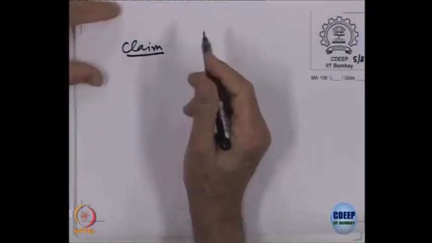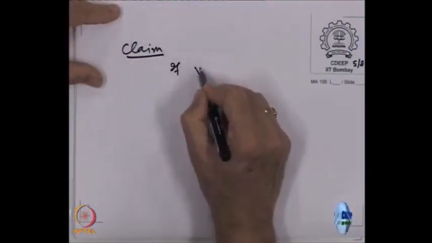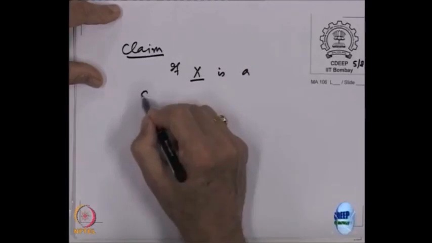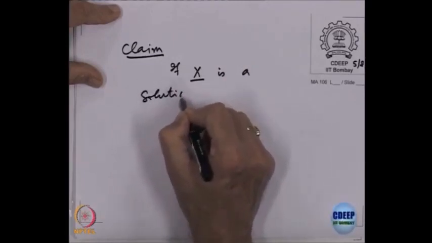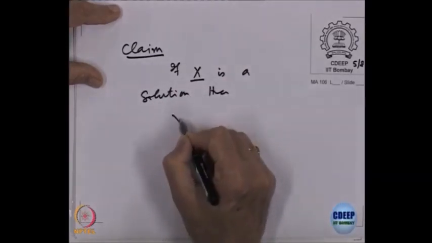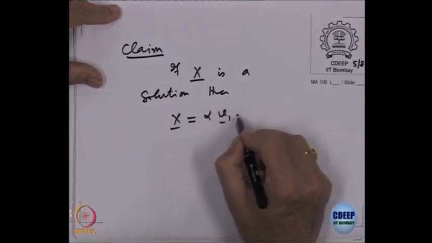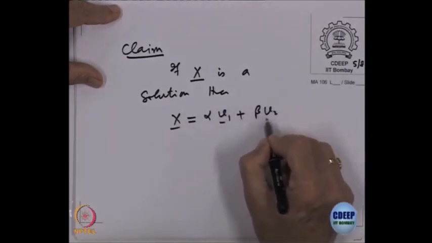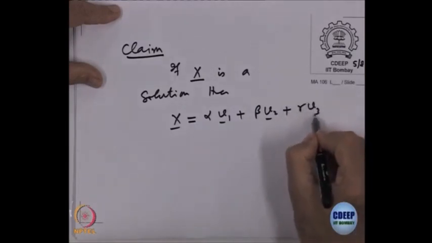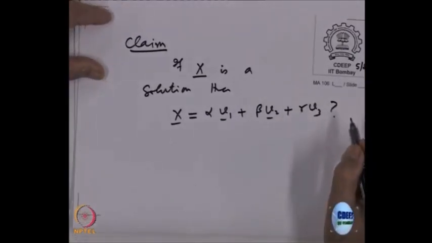Claim: if x is a solution, then this x should be equal to alpha times V1 plus beta times V2 plus gamma times V3, right. That is what I have to check.